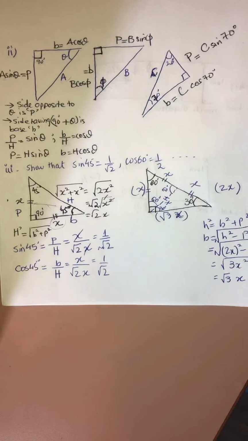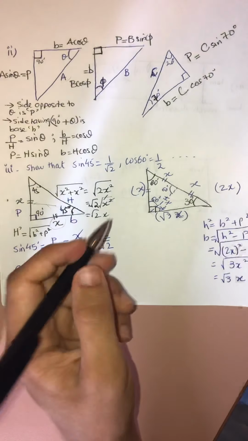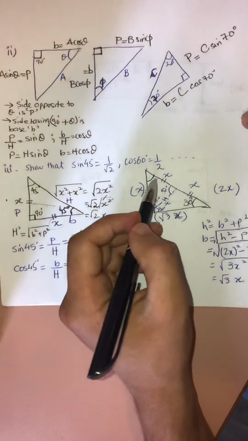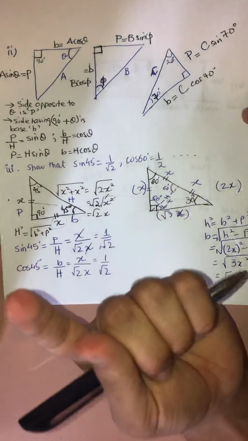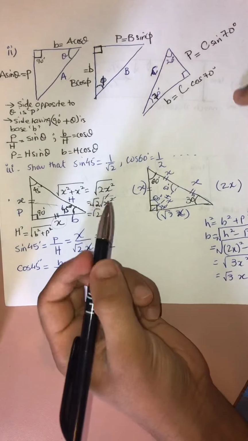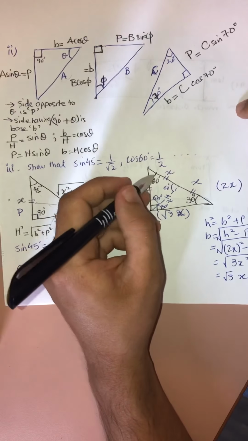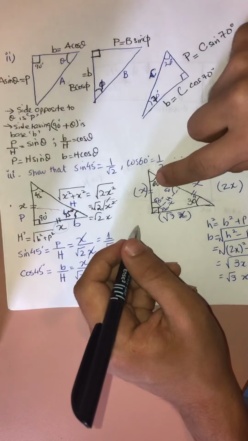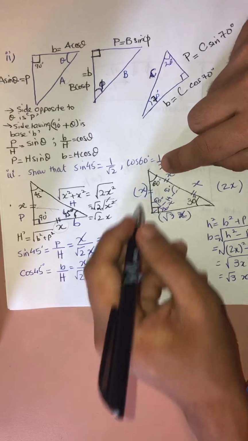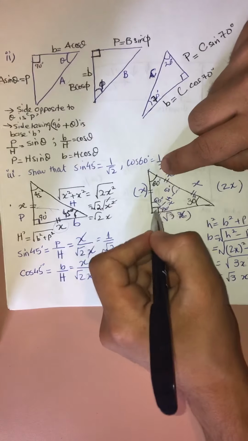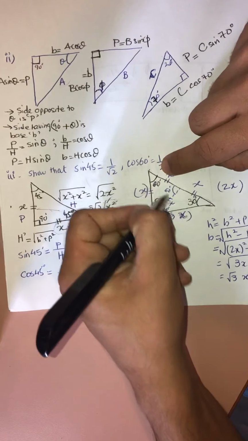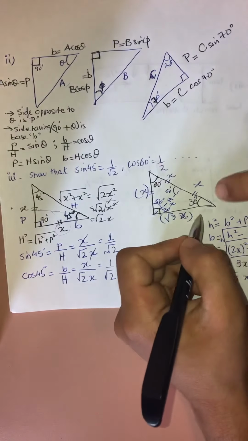Now consider our angle. There are two angles, but we have to choose one angle as a reference. So let's choose 60 as our reference. Then the side opposite to the angle is the perpendicular.